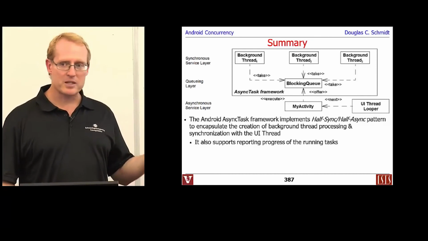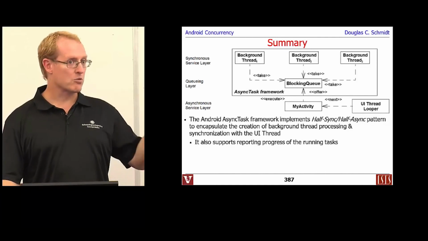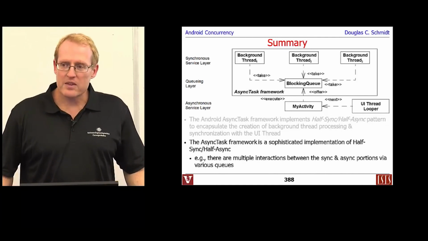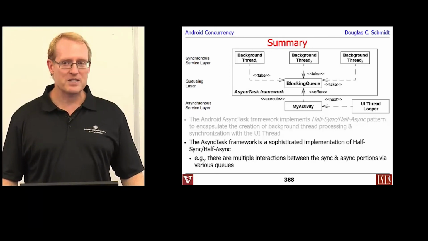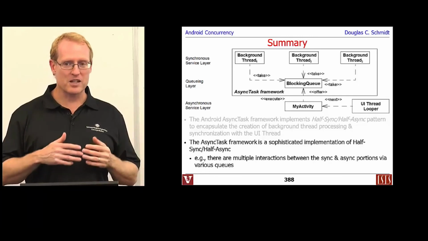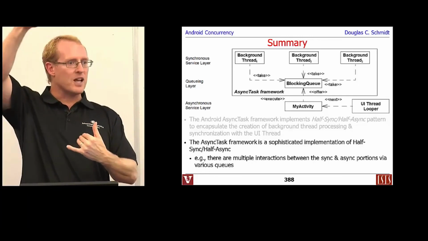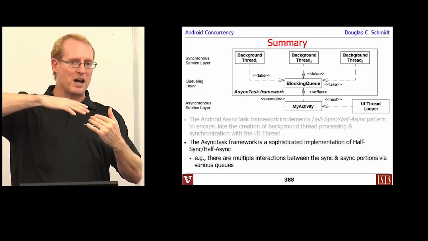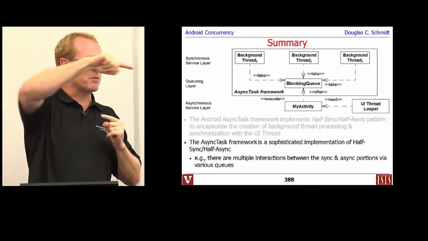So this encapsulates background thread processing and decouples it from the UI thread. You can also report progress. The AsyncTask framework is a very sophisticated implementation of the half-sync, half-async pattern. It's sophisticated because unlike many instances of this pattern where data just flows from the bottom to the top, here we have data flowing from one side to the other, and then there's also stuff coming back the other way.